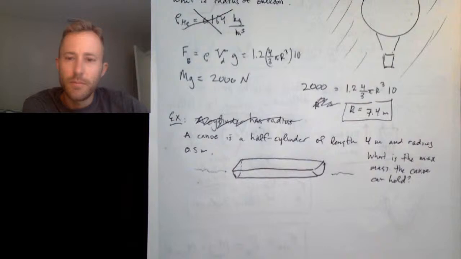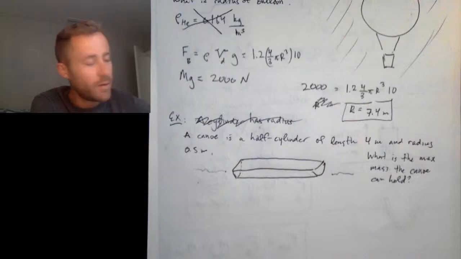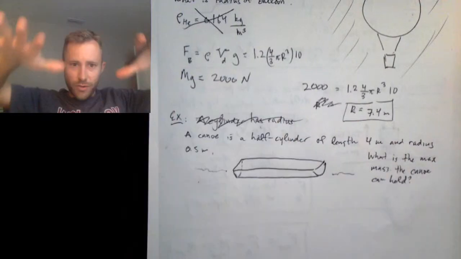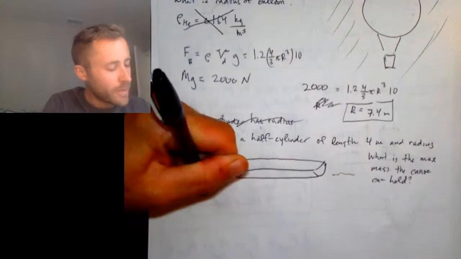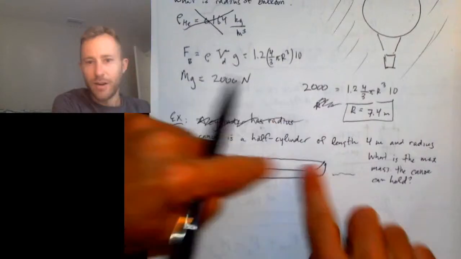So basically, the idea here is that if the canoe is just about to go under, then the volume displaced is going to be the entire volume of this half cylinder.